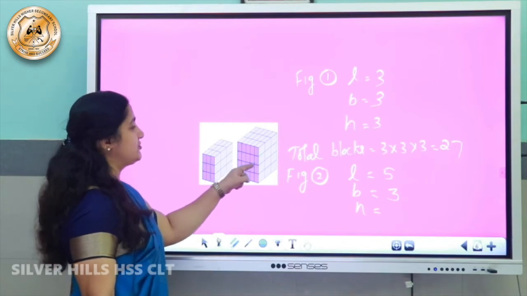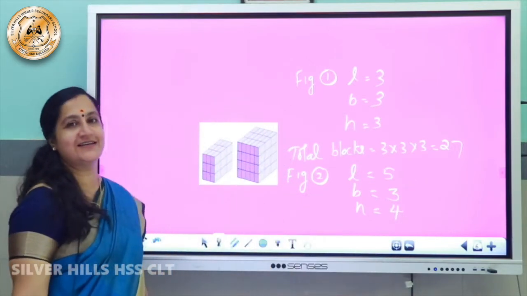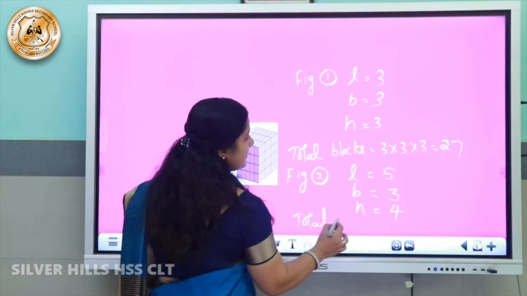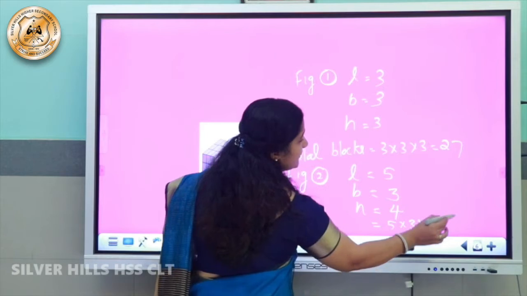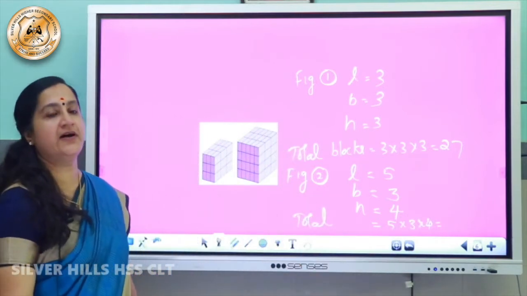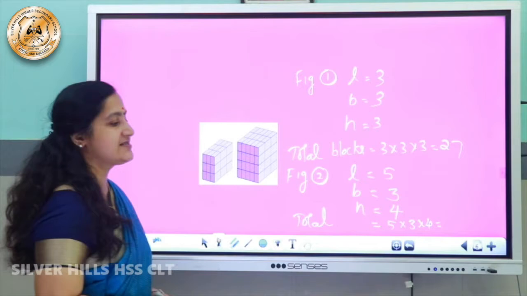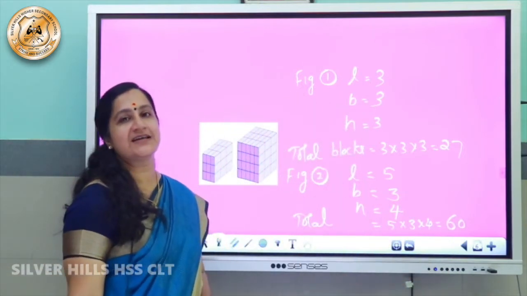Height 1, 2, 3, 4. Yes, Alina's answer is correct. It is 4. Now, how can we find total? It is 5 into 3 into 4. Rifan, give me 5 into 3 into 4. How much? It is 60. Yeah. So, total blocks are 60.